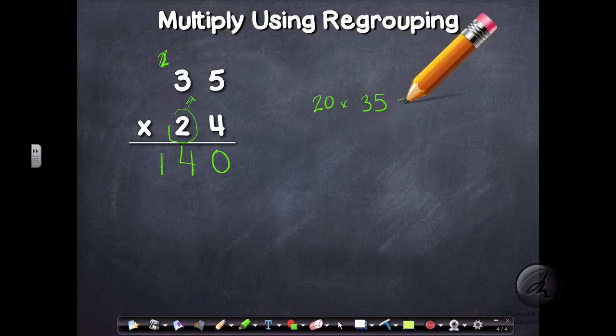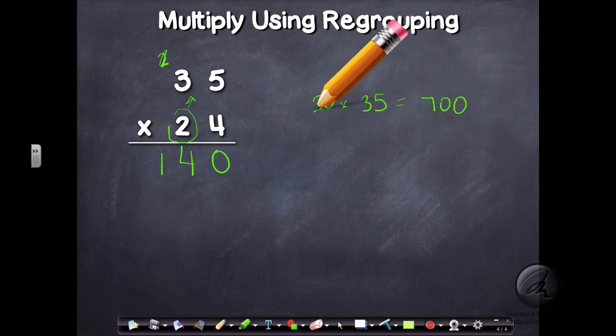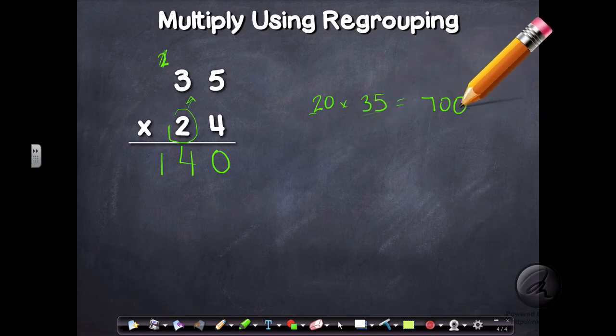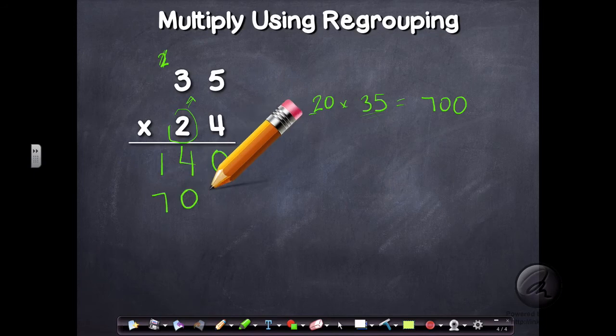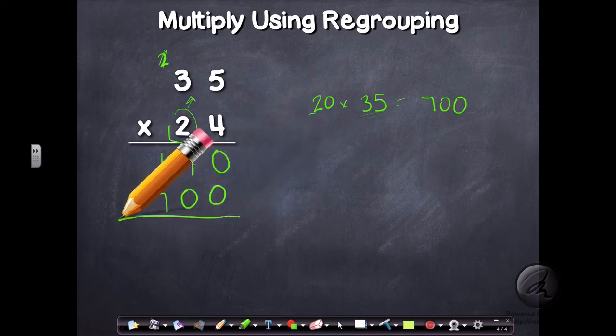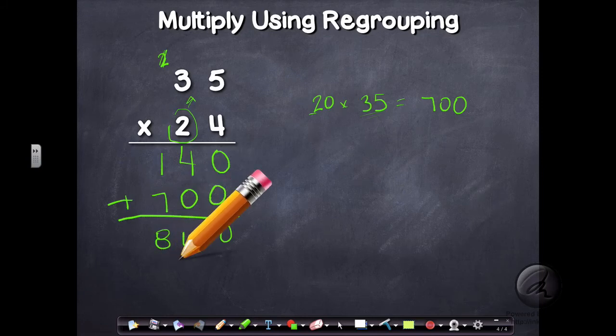And 20 times 35 is going to give me 700, because 2 times 35 is 70, and then I added in my 0. So 700 is going to go here. And then I'm going to be able to add these numbers together to get my final answer.